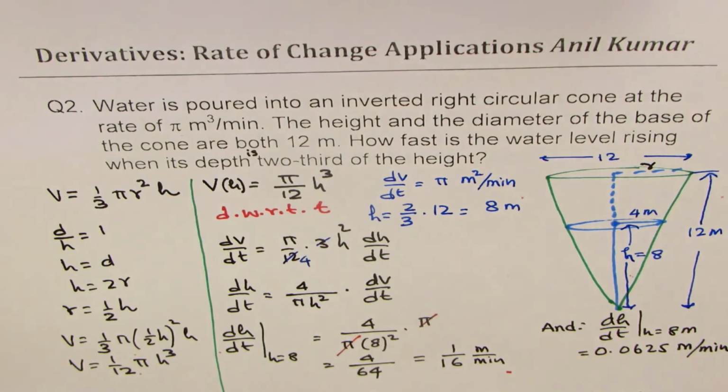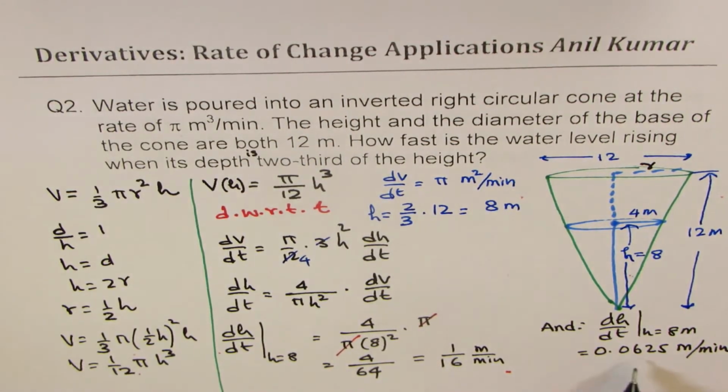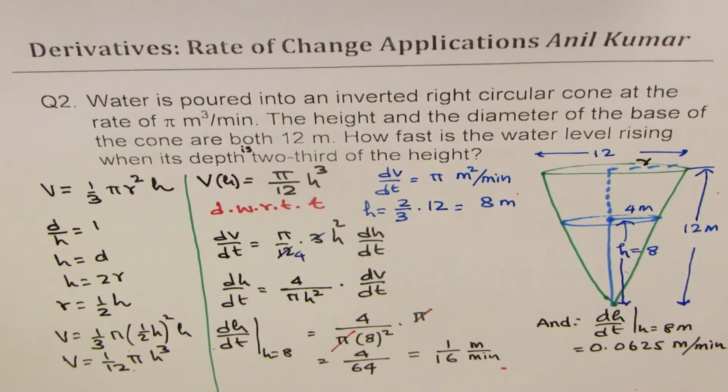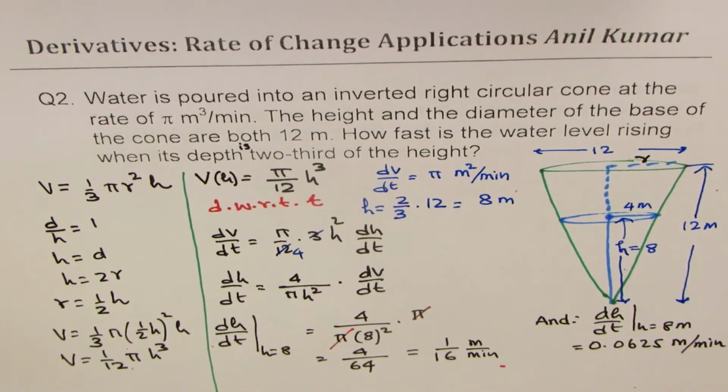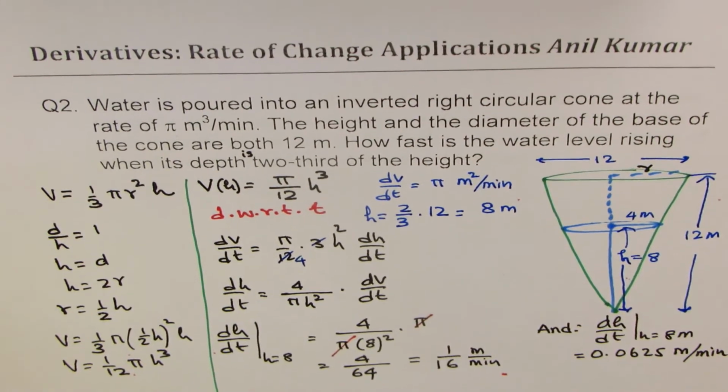Right? So there is no harm in also writing in fractions. So I hope the concept is clear. So that is how you could find the rate of change of height when the height is 2/3 of its maximum height. Now let's take up the third example.